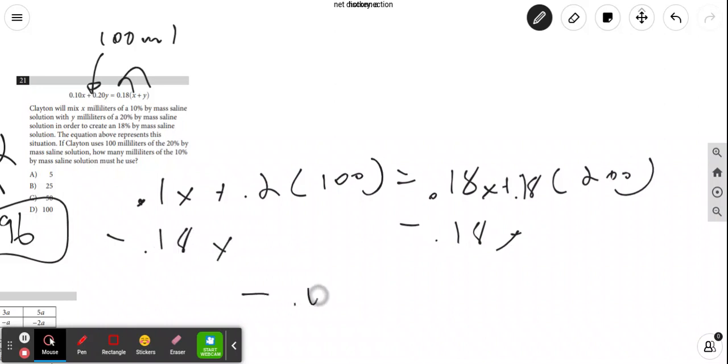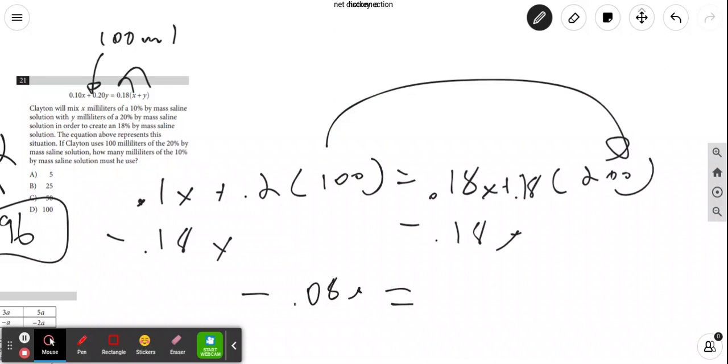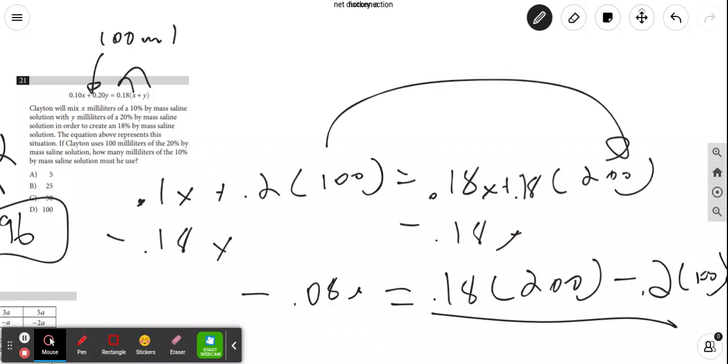You get negative 0.08x equals 0.18 times 200 minus 0.2 times 100, and then all of that divided by negative 0.08. Let me plug that into a calculator. The answer I got was x equals 50.